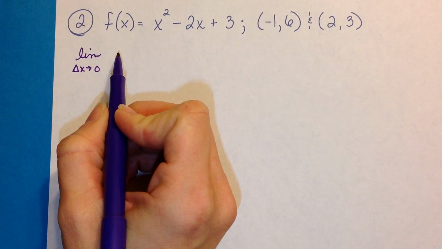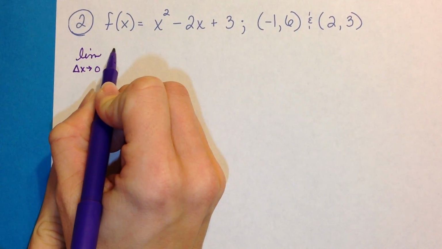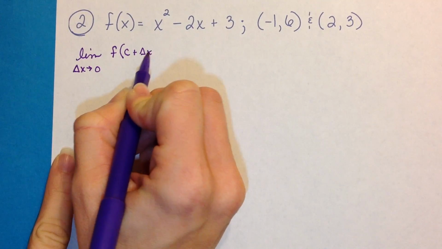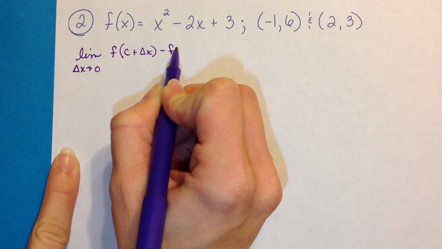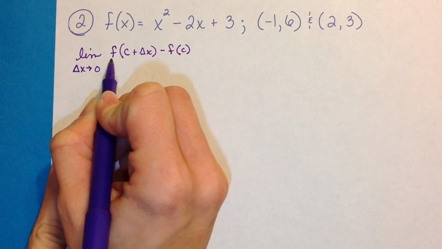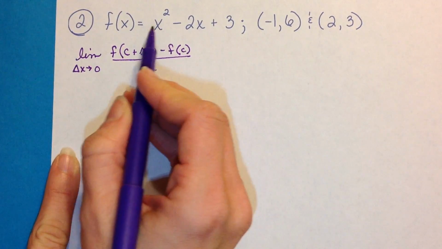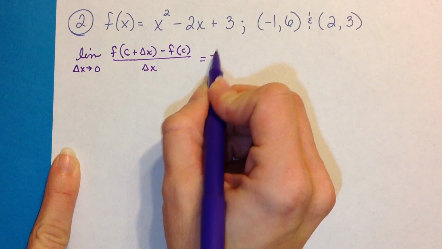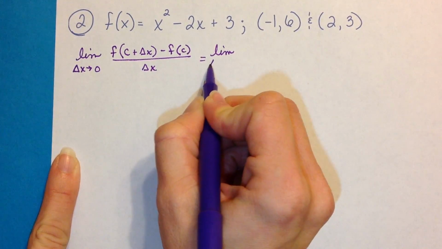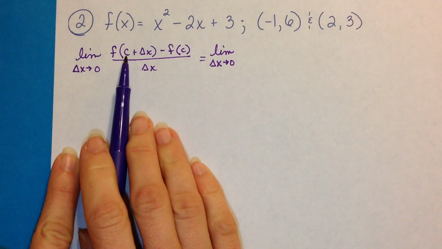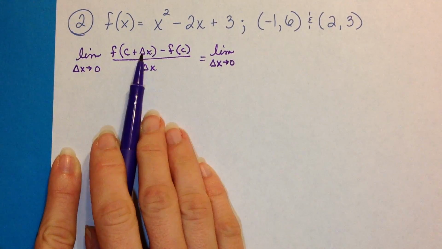Okay, now let me just write my definition first. You have f of c plus delta x minus f of c divided by delta x. So I've got to apply this to this function. Okay, so I've got to evaluate it at c plus delta x.